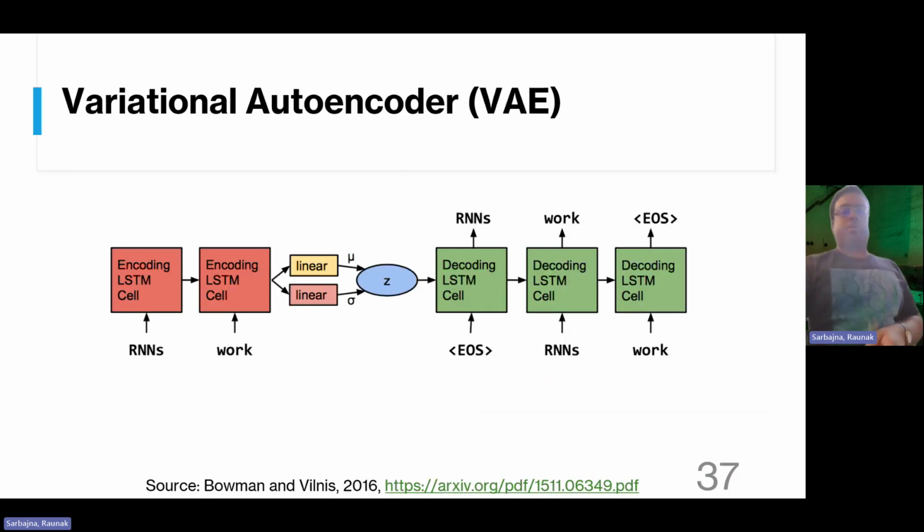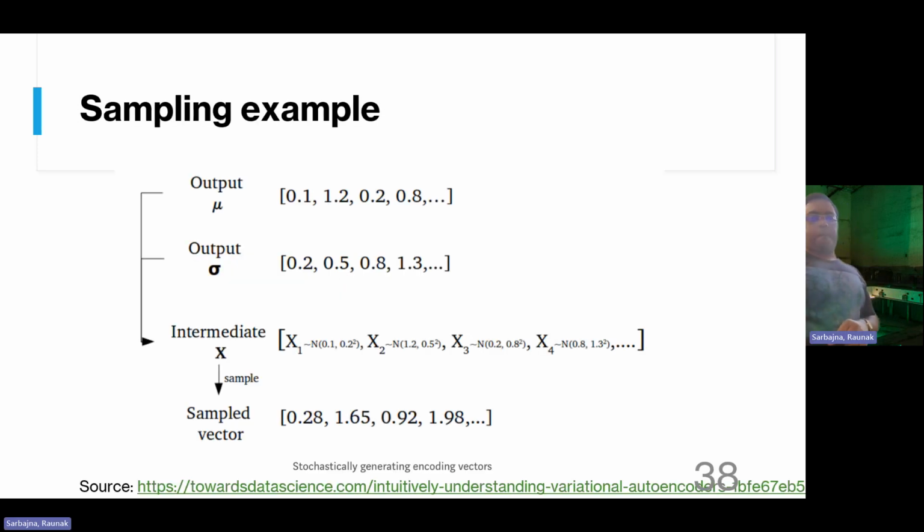So what would it look like? In the previous image of an implementation, there was just this Z. In this case, to get that Z, we have mu and sigma, which are a mean and a standard deviation. Once you have the mean and standard deviation of a distribution, you can sample it to get an output. So the model gives you the mu, which is the means of the different vectors, and then it gives you a standard deviation.